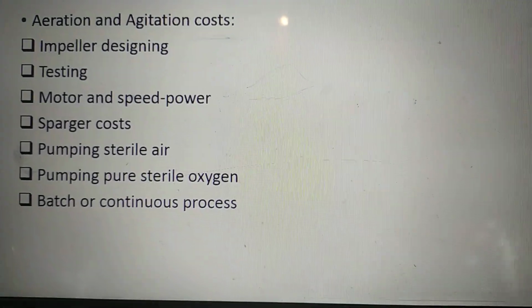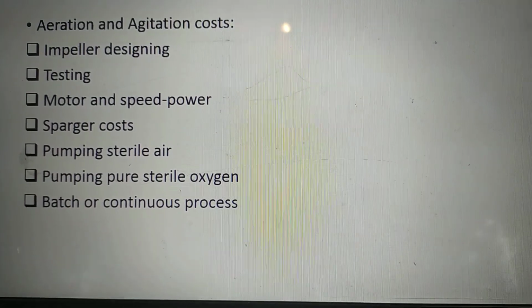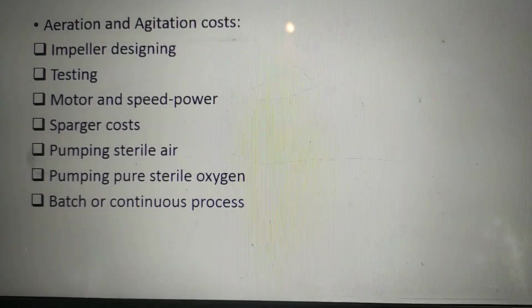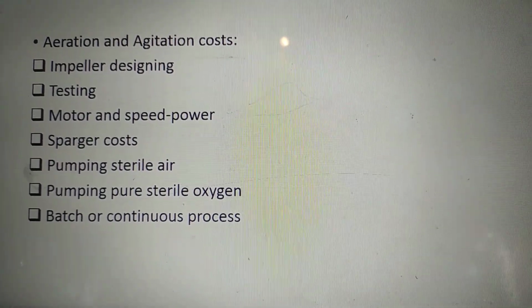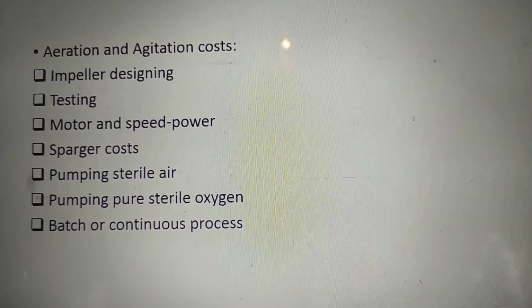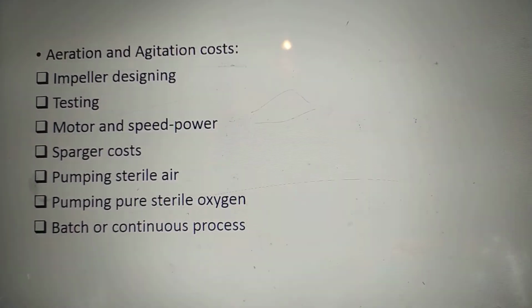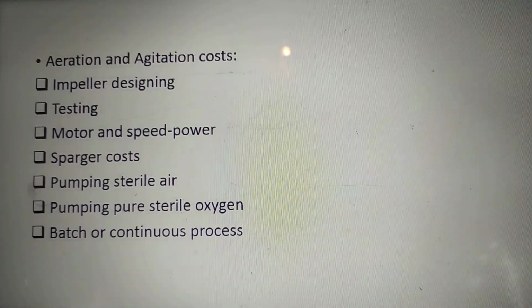Then sparger costs. The sterile air is very expensive. Especially in areas where you're going to give pure oxygen, maybe it's animal cell culture, there the investment goes high. The batch or continuous process depends on how much you can invest, or the industry can invest, I mean to say.